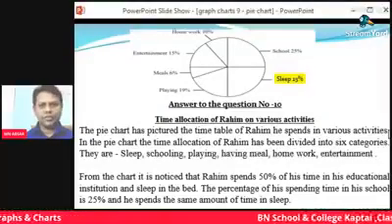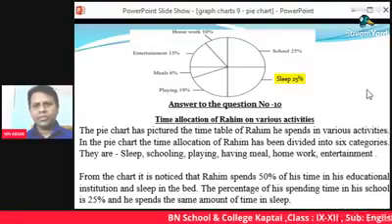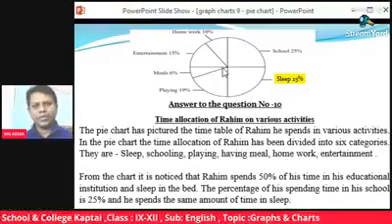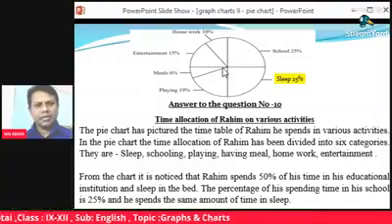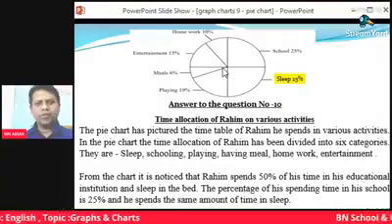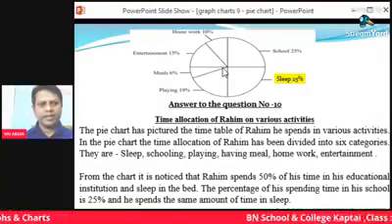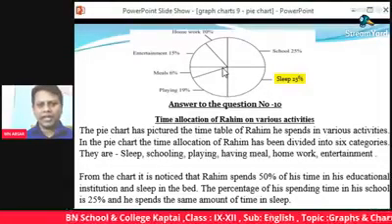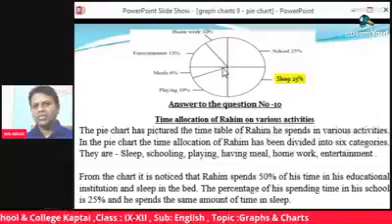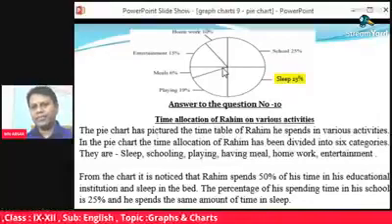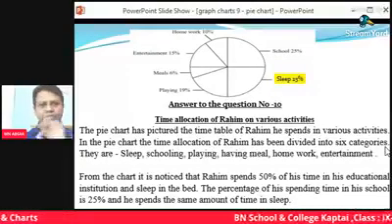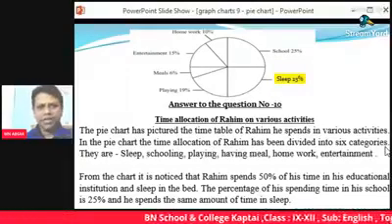The pie chart has described, or illustrated, or depicted the timetable of Rahim. He spends in various activities. Okay, this is the introduction part of the graphs.